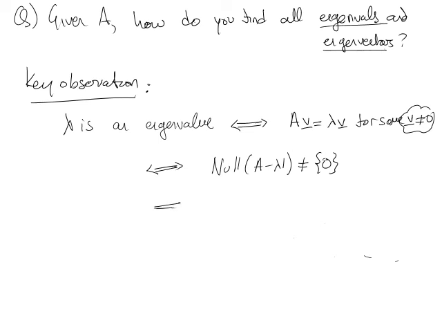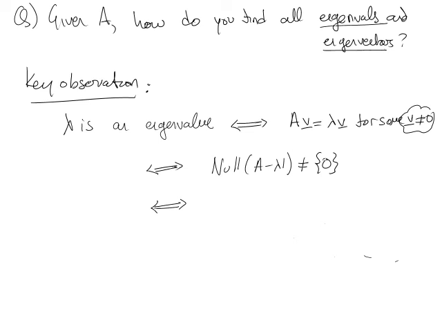Now, if you go back to the invertible matrix theorem, we had many different characterizations of invertibility, and one of them was that a matrix is invertible if and only if the null space is the trivial subspace, right?